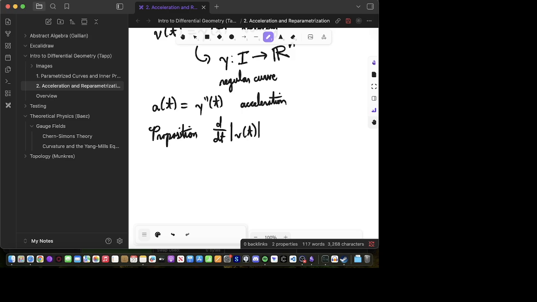Recall that the speed is just the norm of the velocity, where we define the norm as in the previous video. And as it turns out, the derivative of the speed is the inner product of the acceleration and the velocity over the norm of the velocity.